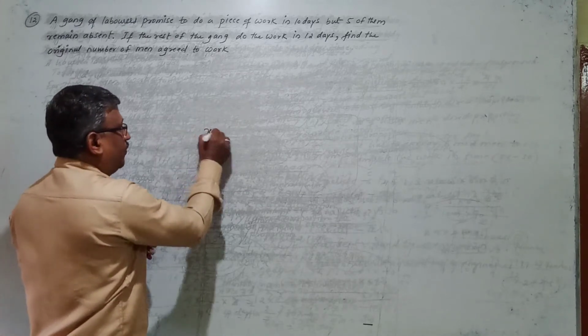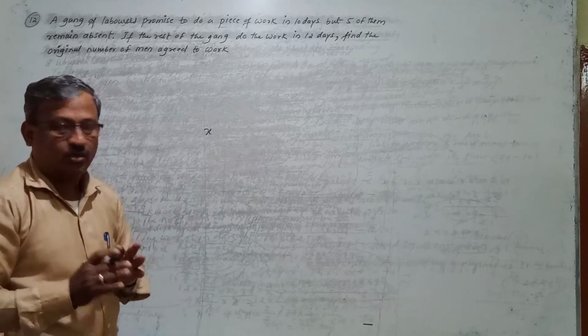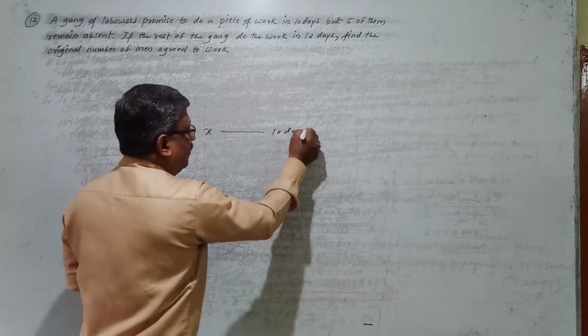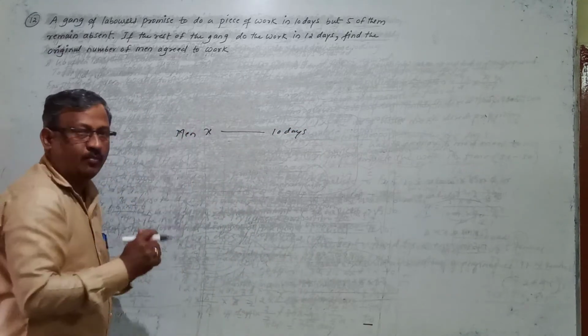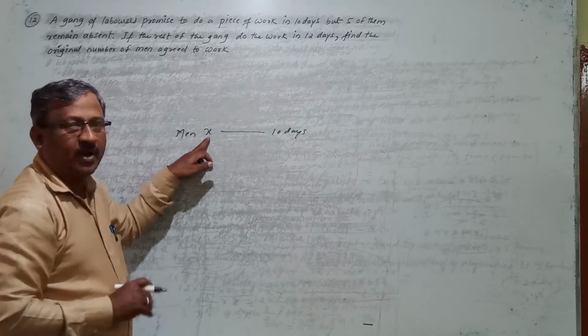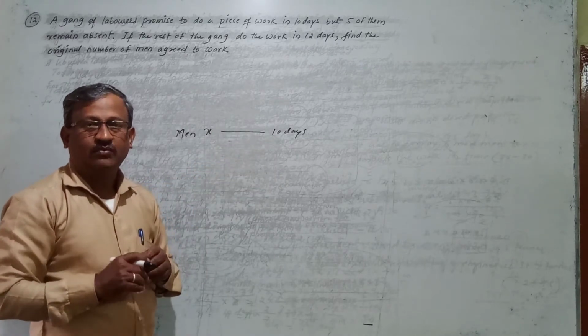So let's assume it is X laborers. Suppose there were X workers who had promised to do that work in 10 days. Anyway you can assume, so let the number of men be X.